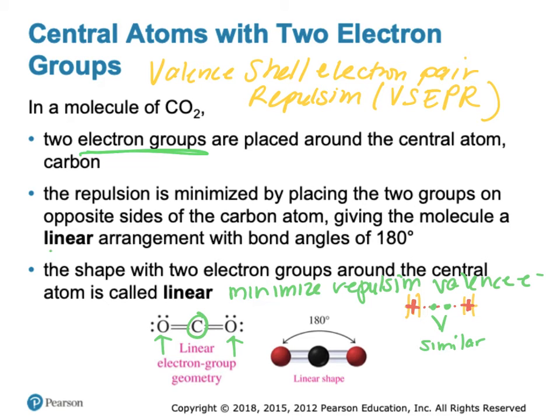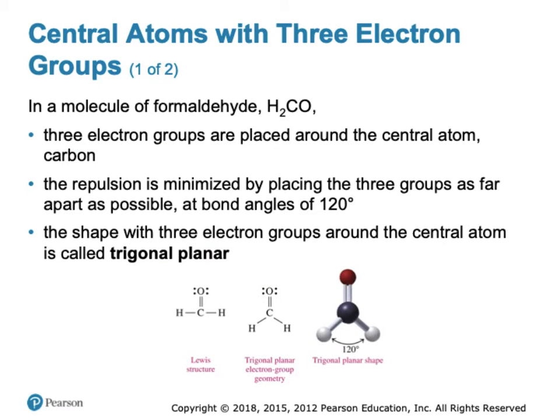This will give the molecule a linear arrangement with bond angles of 180 degrees. So when you have a central atom with two electron groups, you assume a linear shape. Now let's look at what happens when we have three electron groups. We have a molecule known as formaldehyde. It has the formula H2CO.